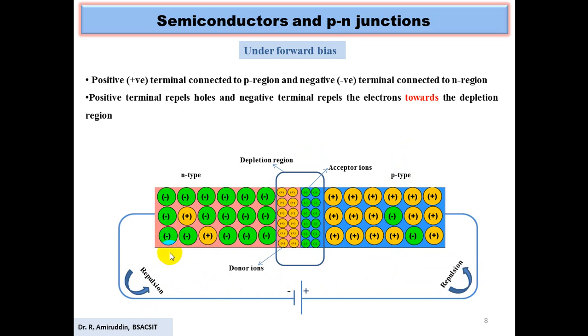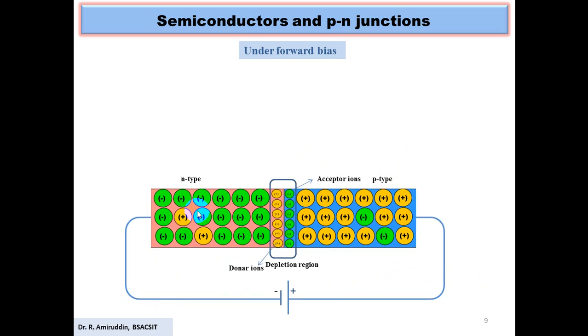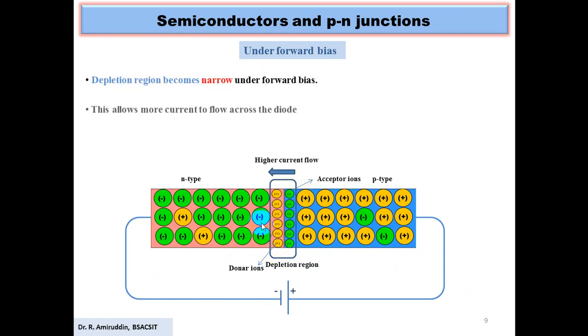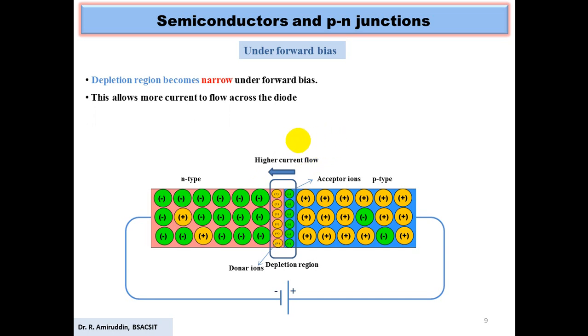Because of this repulsion, the terminal of the battery repels the electrons towards the depletion region. As a result, under forward bias the depletion region becomes narrow, and thus high current will flow across the junction.